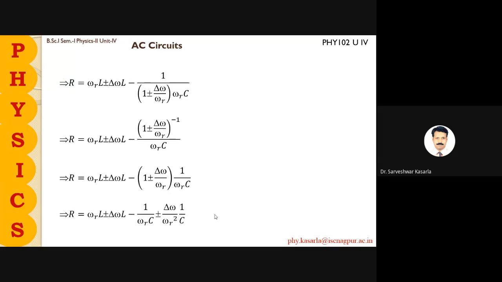Now we know that this omega R L, at resonance, omega R L is equal to 1 upon omega R C. Therefore these two terms will cancel, these two terms, okay, these two terms will cancel. Okay, so then that will be equal to the remaining terms will be retained, and like this.